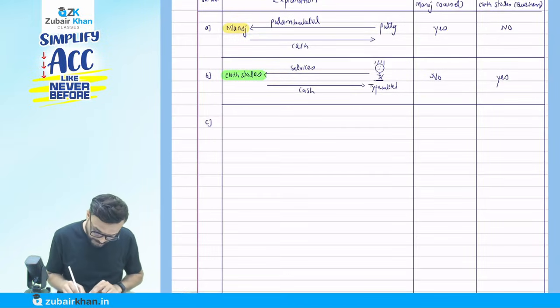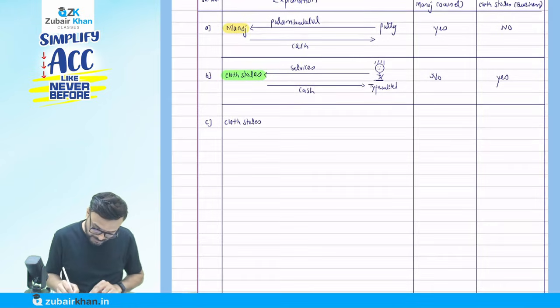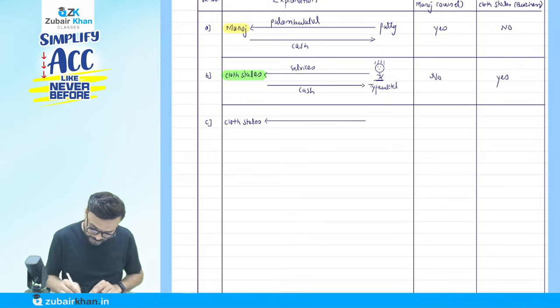So cloth stores. They purchase the showcase from some party. The name of the other party is not given, so they pay the amount in cash.